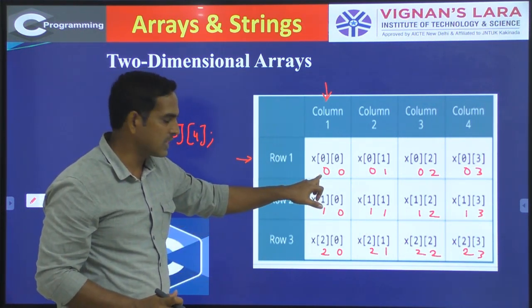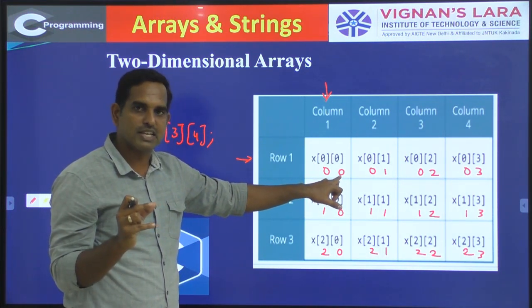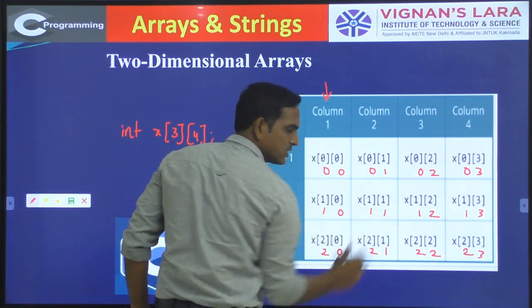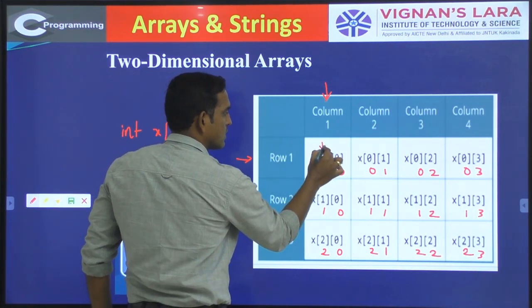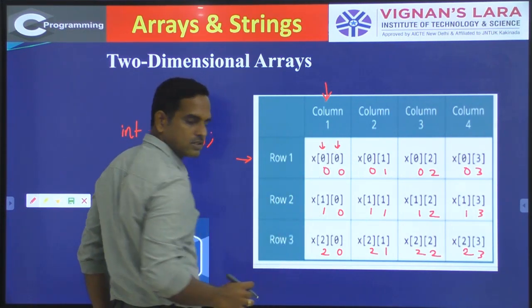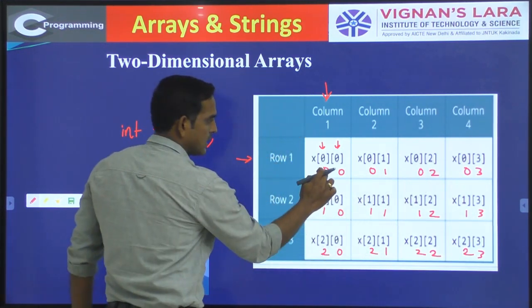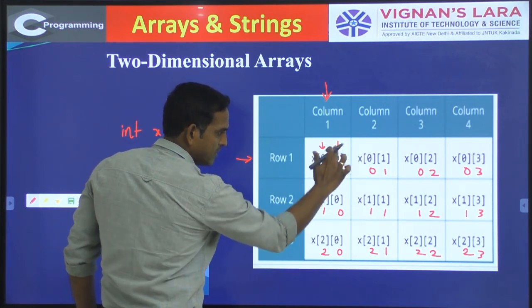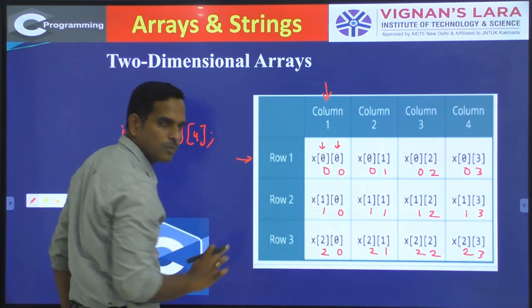The first thing will signify the row which you are using and the second thing will signify the column. If you see the first row, the row index is 0, 0, 0, 0 and the column index is 0, 1, 2, 3. If you see the first column, the column index will be 0, 0, 0 and the row index 0, 1, 2.